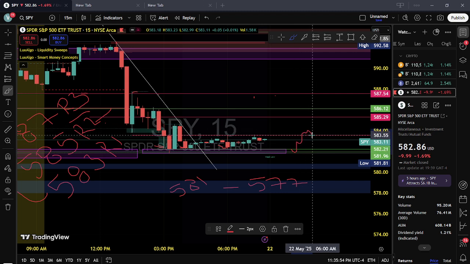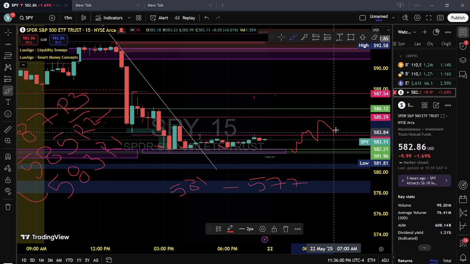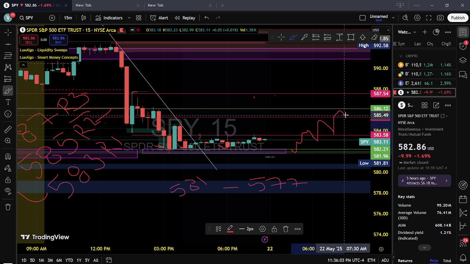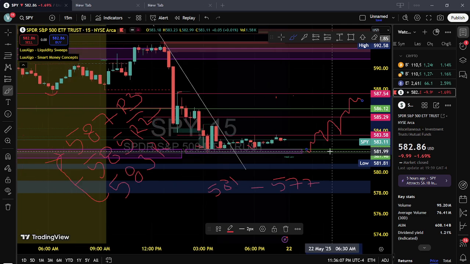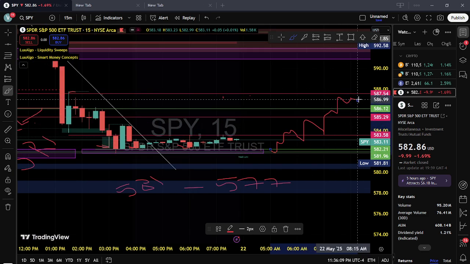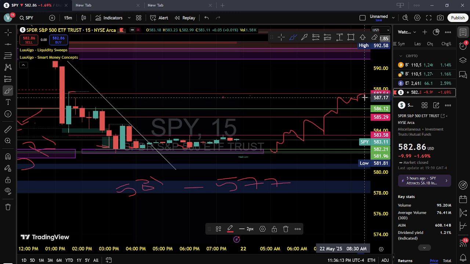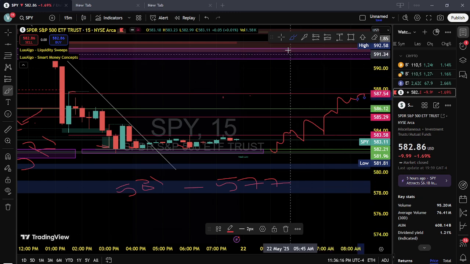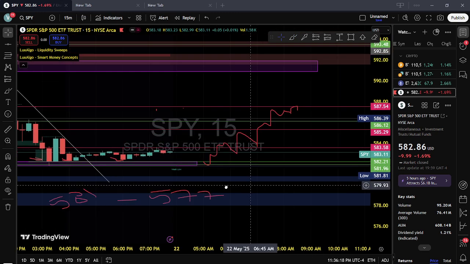Around 583, it will see small retracement, go up, retracement, go up, retracement, go up, sideways action, right? And there is a chance that right at 587 it will start acting up as it always does, right?